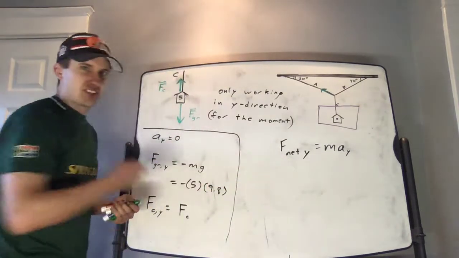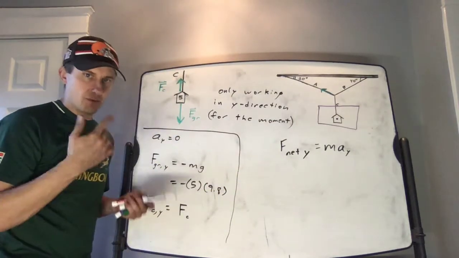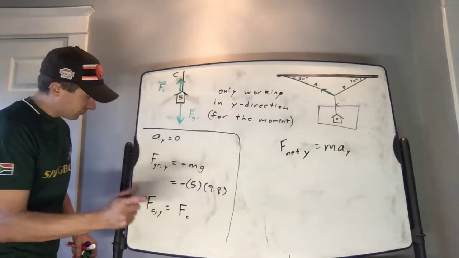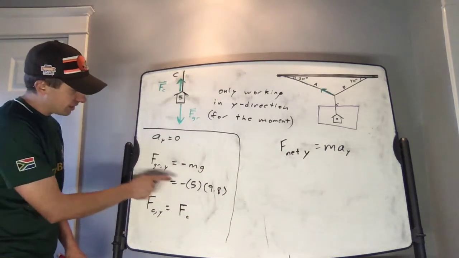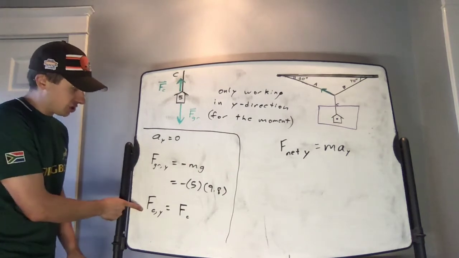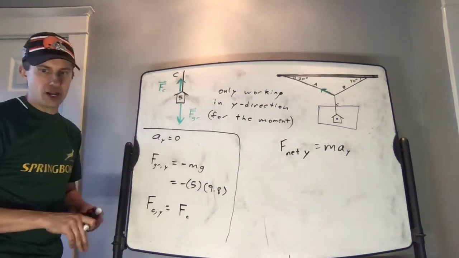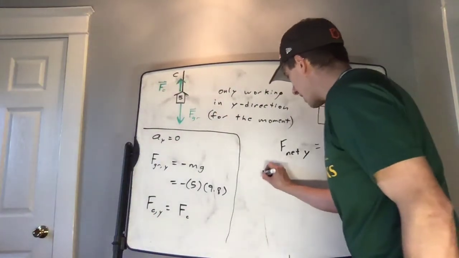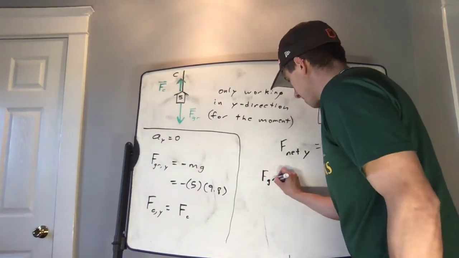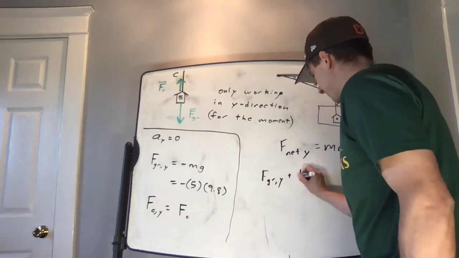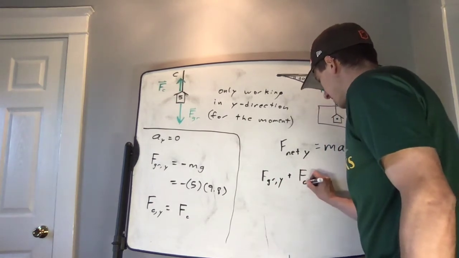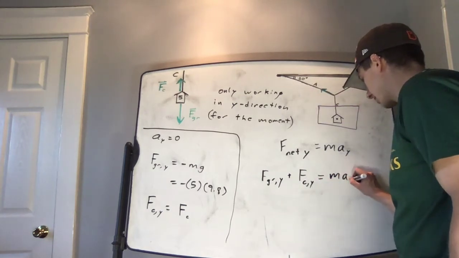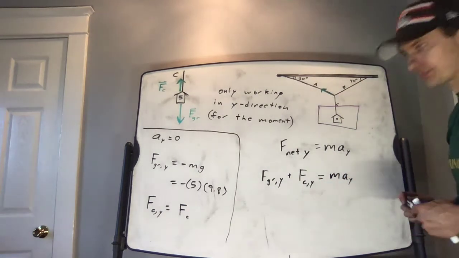F net is the sum of every force in the Y direction, because I'm looking specifically at Y. I have 2 forces right now I'm considering, the force of gravity in the Y direction and the force of tension in the Y direction. So I would write F gravity in the Y plus F tension in rope C in the Y direction equals mass times acceleration in the Y direction.